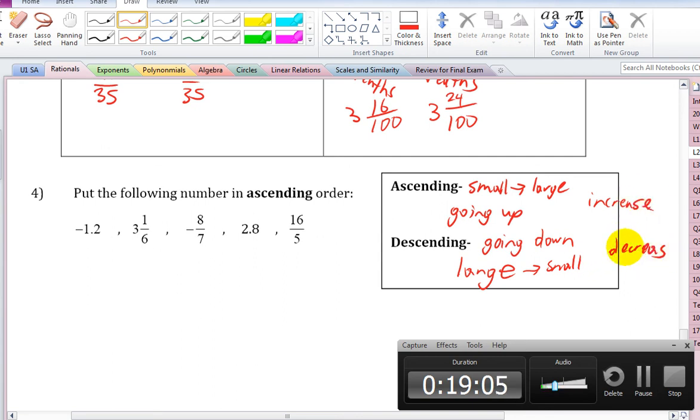Okay, now if we had all fractions, we could go to a common denominator, but because we have a mixture, what should you do? All decimals. Make them all decimals. Go ahead, do that. Now write the original numbers in the order, please.